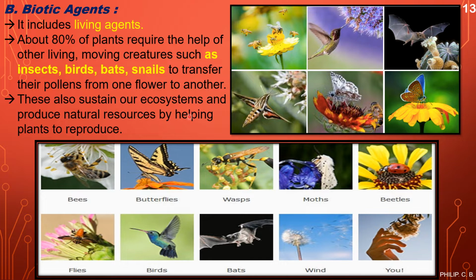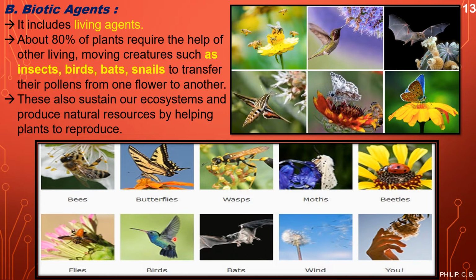So you can see images over here where insects, birds, bats, butterflies, moths, and various other insects are carrying out the pollination. Here again some more images showing bees, butterfly, wasp, moth, beetles, and even humans, we carry out artificial pollination, correct?